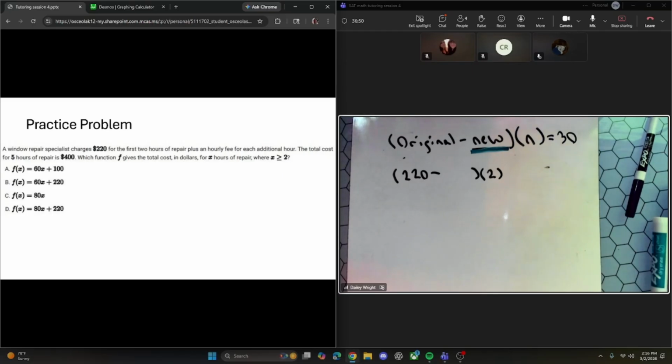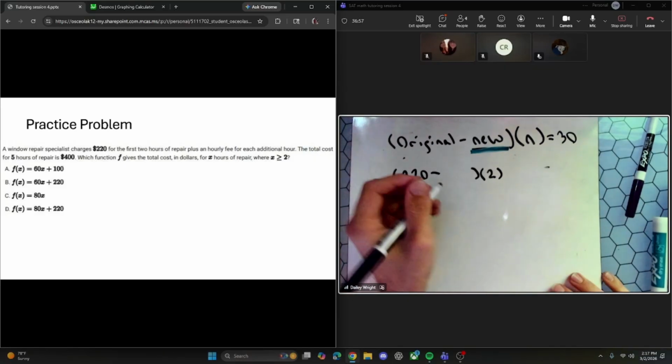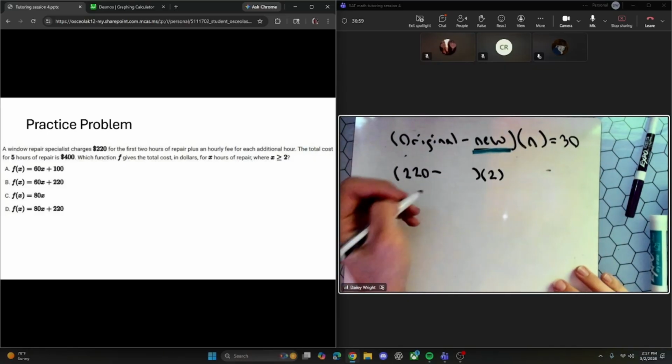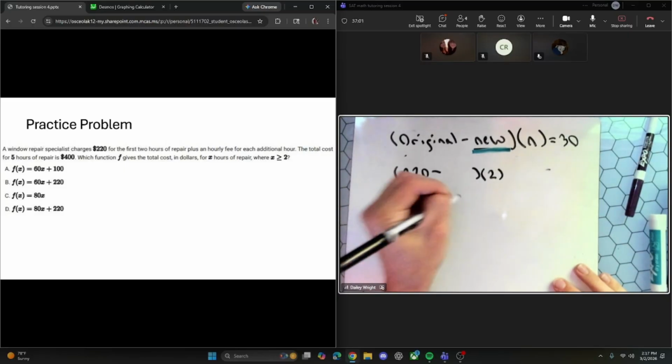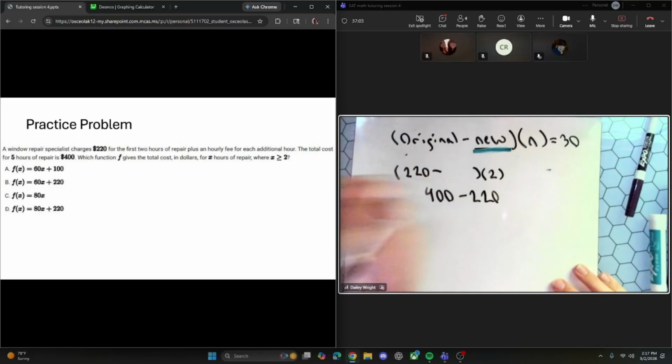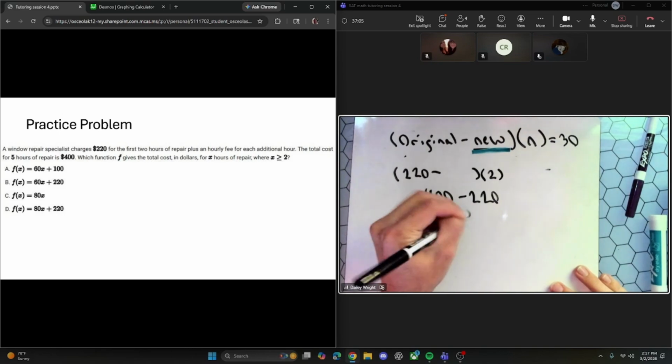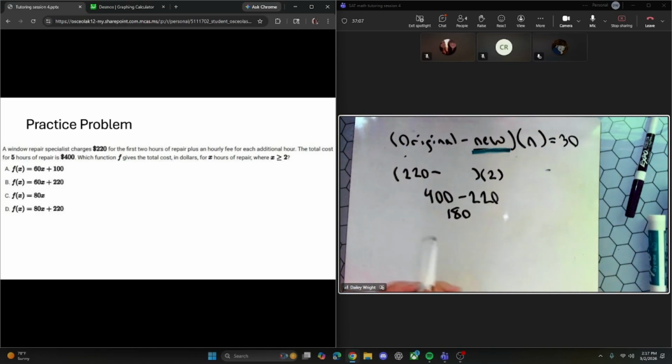And how you want to do that is, if it's $400 total for 5 hours, we know the first 2 hours is 220. So we would do 400 minus 220 and get 180. So now this 180 is going to be evenly split among the last 3 hours, because it says an hourly fee for each additional hour.